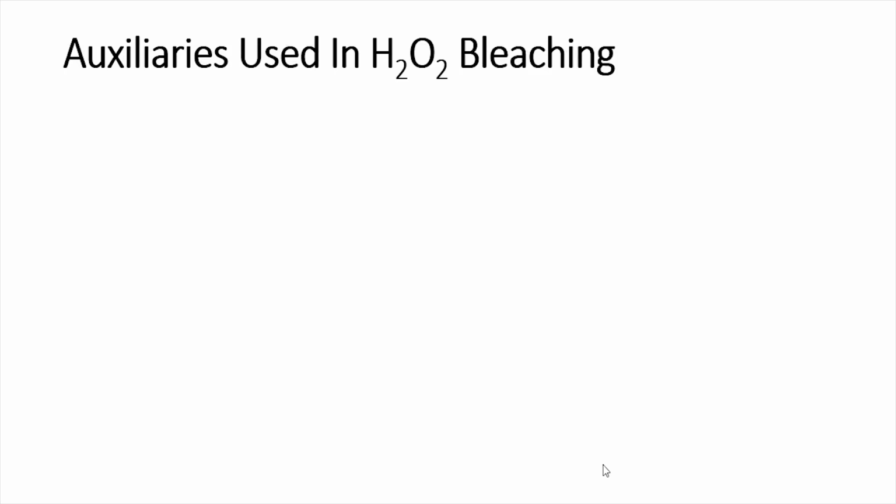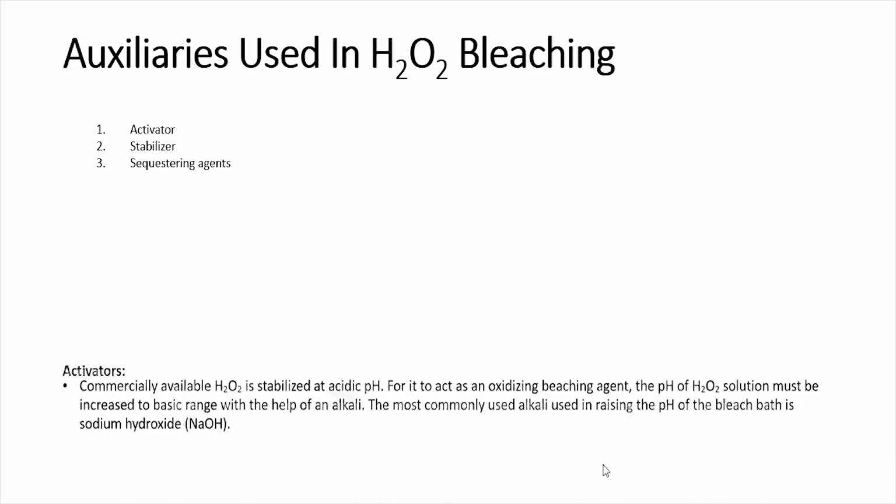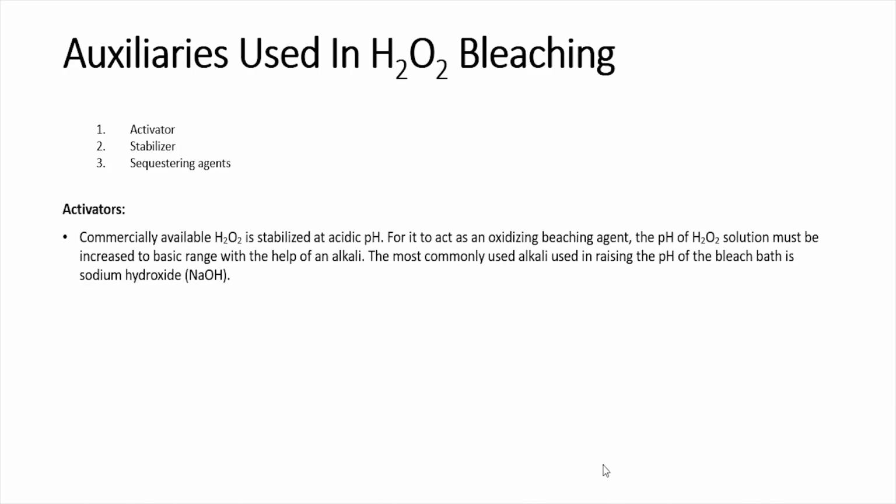And the accelerators used in hydrogen peroxide bleaching. There are three kinds used: an activator, a stabilizer, and a sequestering agent. The activator is used to activate the hydrogen peroxide bleaching. Commercially available hydrogen peroxide is stabilized at acidic pH.